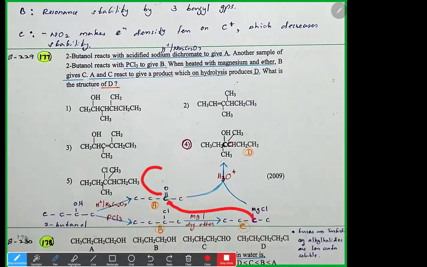The C-O bond is dissociating onto oxygen, then converting to OH. So CCCC, CCCC. Then this part is this, this part is this. Is that clear? They were just showing these carbons in different ways.